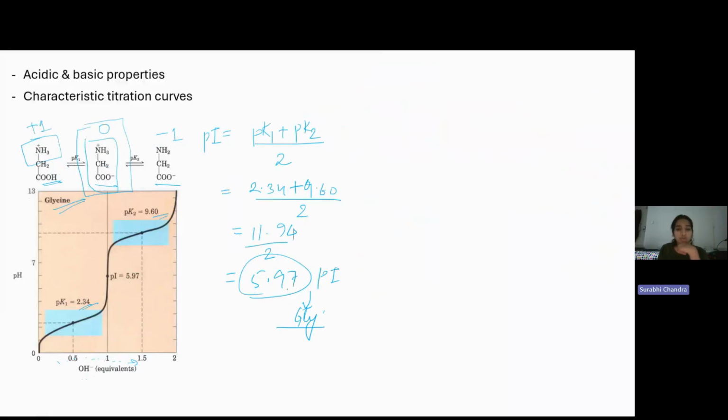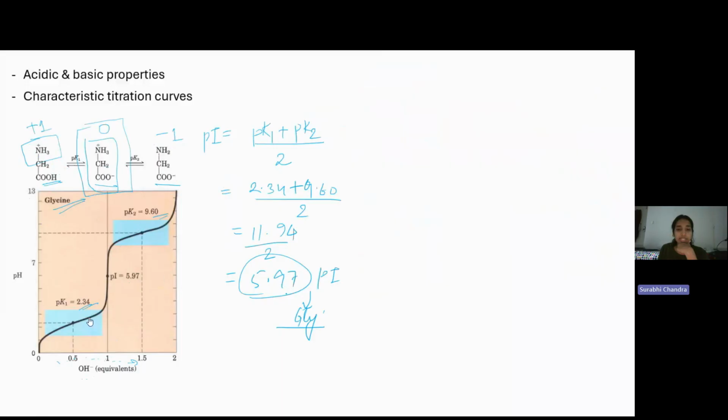So in general, we are talking about glycine, which is the simplest amino acid. It has two ionizable groups, so it will have two acid dissociation constants, right? To get the isoelectric point of this glycine amino acid, where it exists as a neutrally charged molecule, you calculate pK1, the acid dissociation constant at this particular pH, plus pK2, the dissociation constant at this particular pH, and take the average of that.